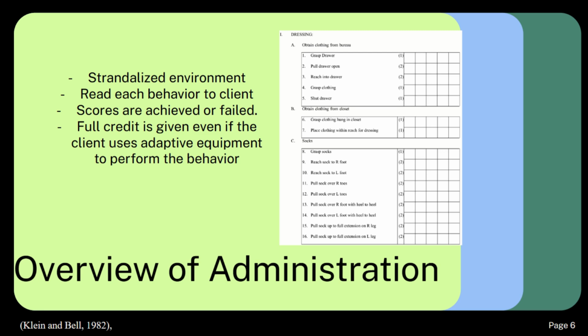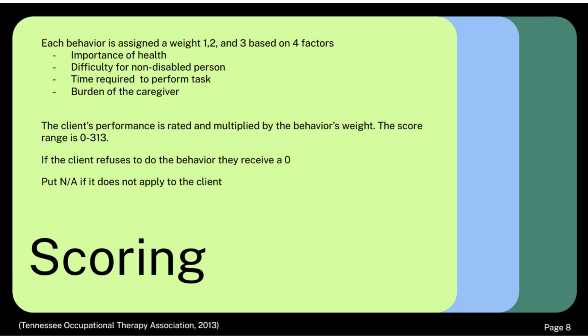Scores are achieved or failed. Achieved is when the behavior is performed without verbal or physical assistance, and failed is when assistance is needed. Also, if the client uses adaptive equipment to perform the behavior and doesn't need assistance from people, they still get full credit.